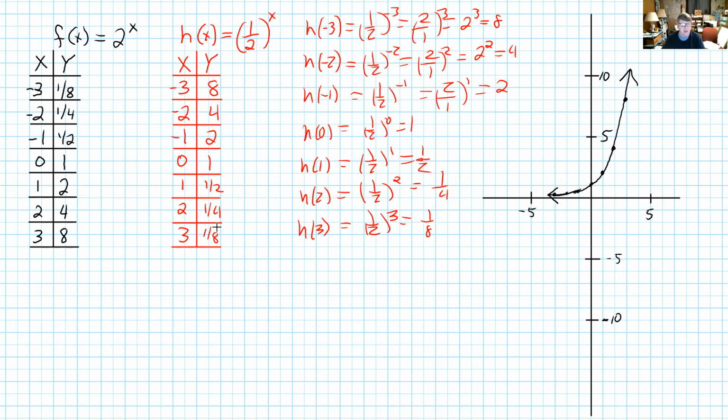Instead of the values doubling like they did here, they're halving, so to speak, right? 4 is half of 8, 2 is half of 4, 1 is half of 2. Because if we multiply something by a half, we get half of what we had before. So let's see what this graph looks like. -3, 8, -2, 4, -1, 2, 0, 1, 1, 1/2, 2, 1/4, 3, 1/8.